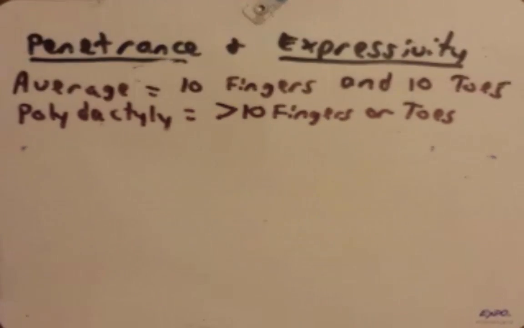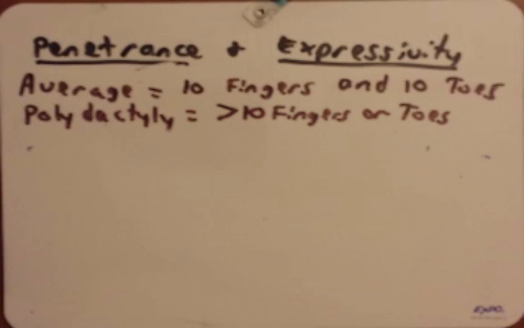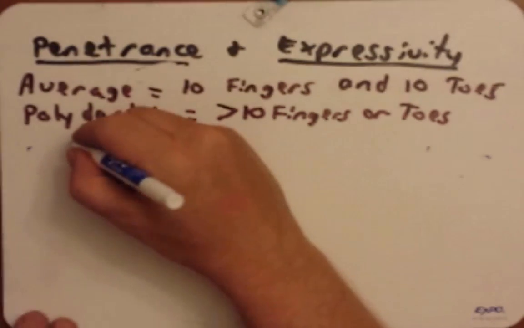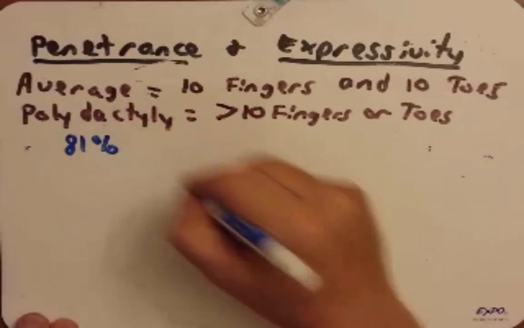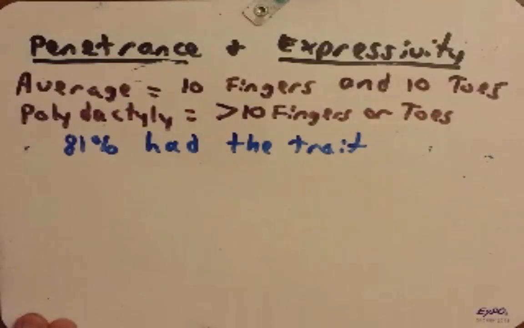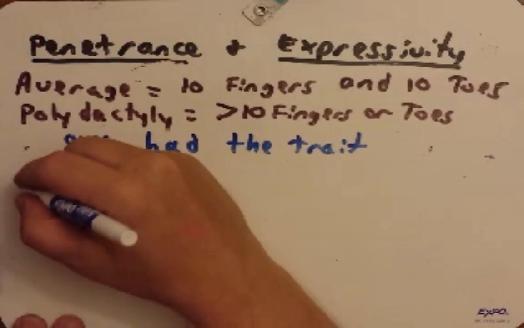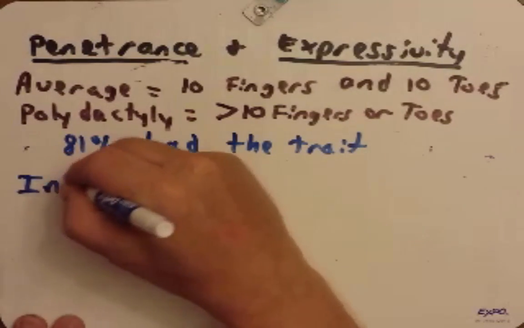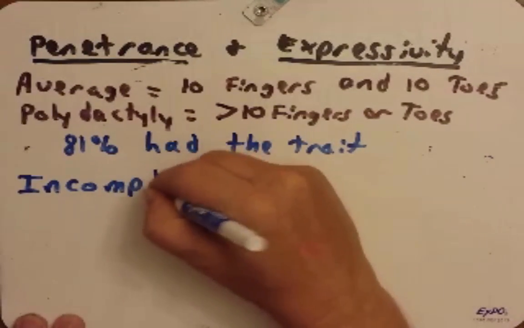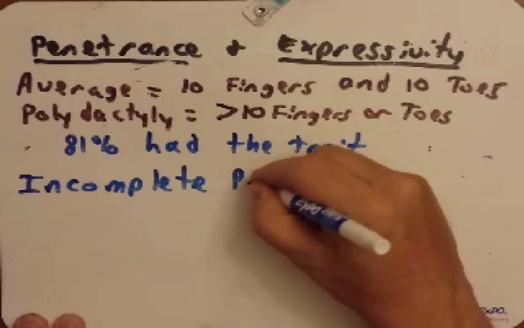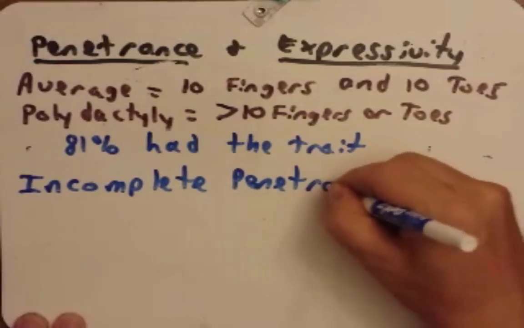And the way we often refer to these terms in a population, and we'll keep talking about polydactyly here. In the example I gave you where 81% had the trait, but they weren't all the same as far as the way they expressed it, we would say that this trait has incomplete penetrance.